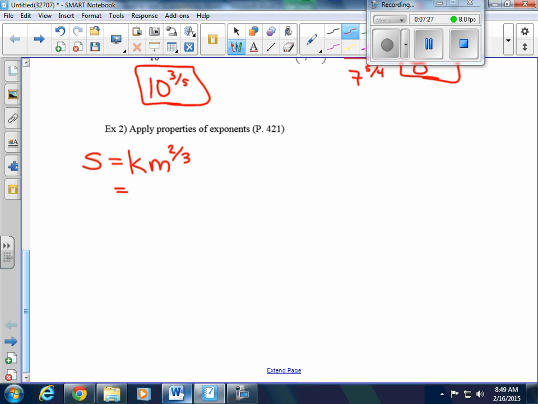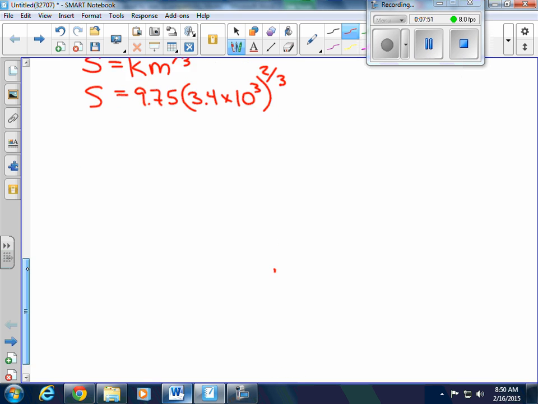So they give us a constant for the rabbit of 9.75 from our table, and it's 3.4 times 10 to the 3rd, and then we have it to the 2/3 power. And so now we're just going to evaluate this.